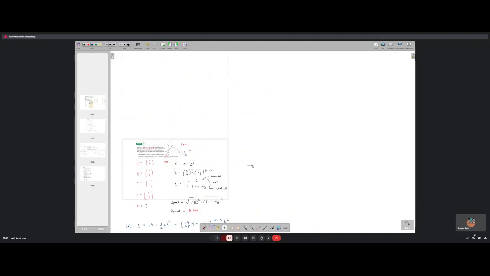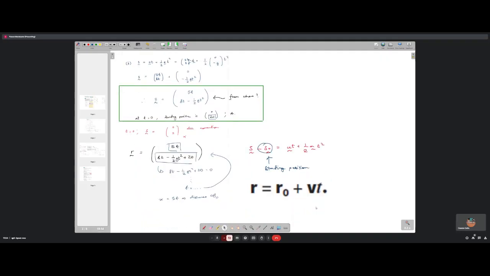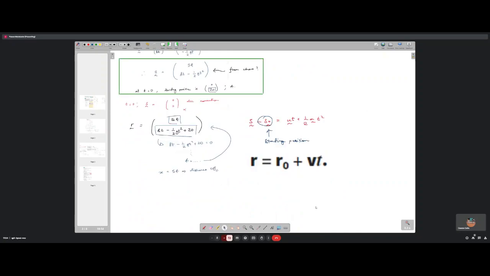Yeah, it's this one here. So S is equal to... Oh, sorry. Yeah. Sorry. I've actually confused it a bit. This should actually be R minus R naught. They have a weird notation in the textbook.